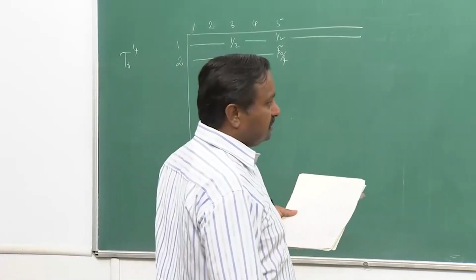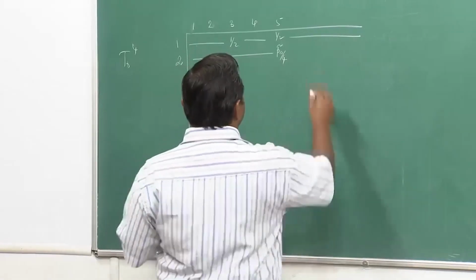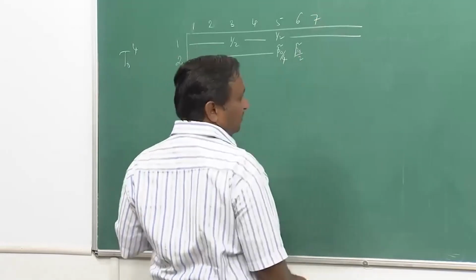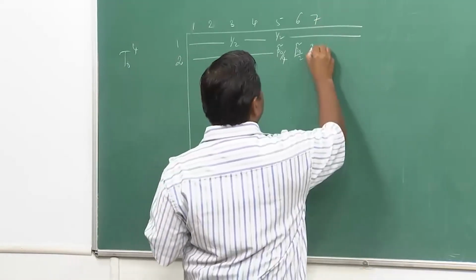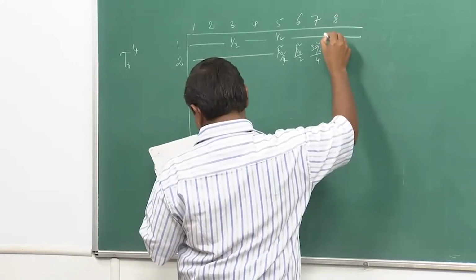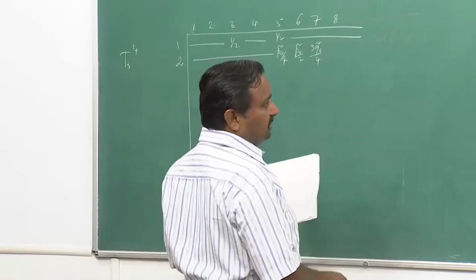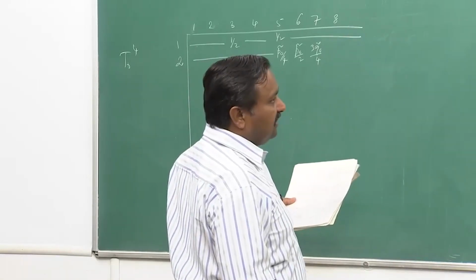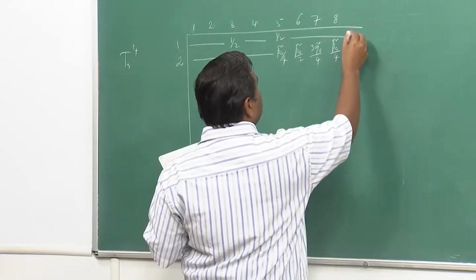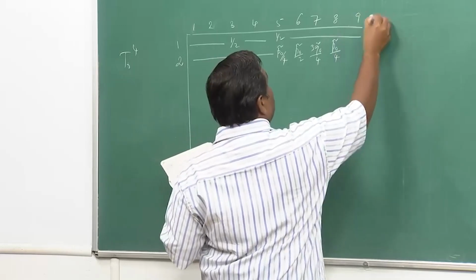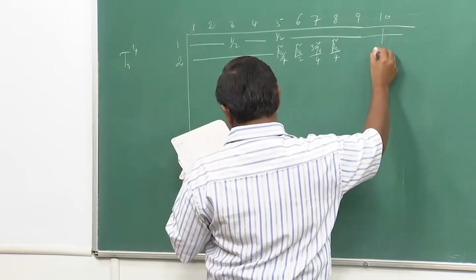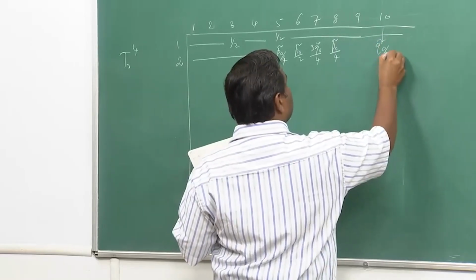Then we have 6 as P 0 by 2, 7 I will have 3 q 0 by 4, 8 we will have 1 by 4 P 0 tilde by 4, then 9 and then 10th you will have q 0 tilde by 4.